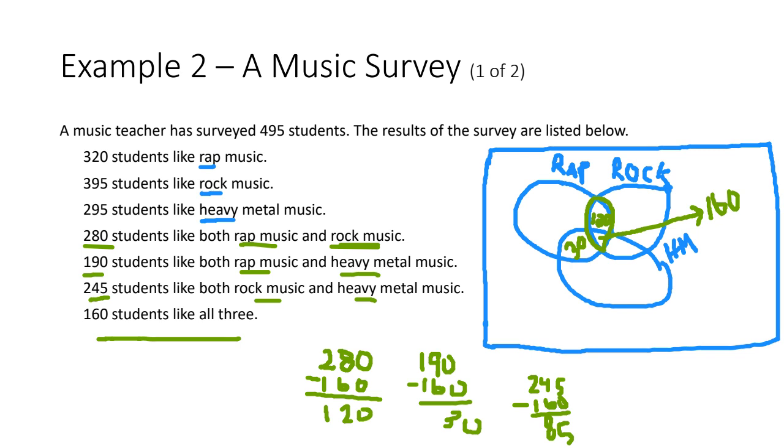Okay. So now that we know all the intersections, it makes it easier to look at each individual circle. If we look at rap music, there were 320 students that like rap music. So if I was to pull out my rap music circle, so this is rap, then we can see that inside of this rap circle, we have 120 students here from the intersection of rap and rock.